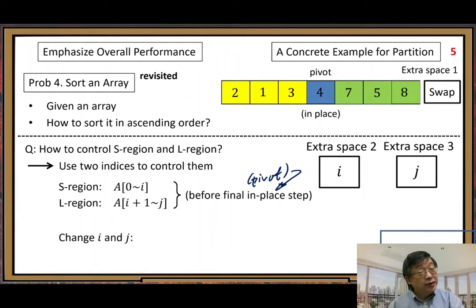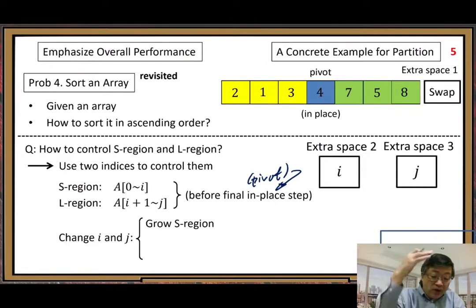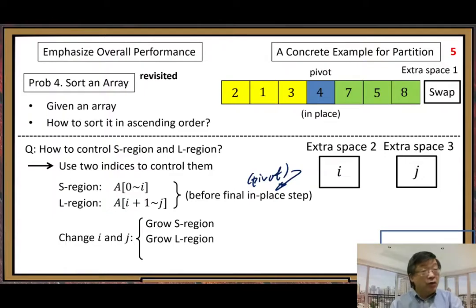Here I do not need to give you the detail. I think everyone can change it easily. Basically, when you grow the S region, you just increment index I, right? When you grow the L region, you increment index J, right? And when you need to swap two elements, you just do the standard swap operation.